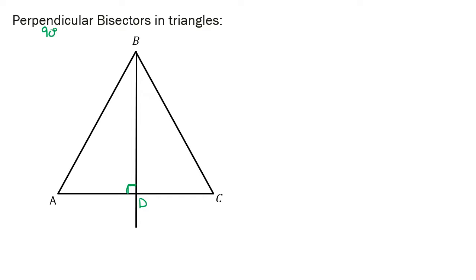So that means the segment AD is going to be congruent to the segment CD. And since it's a perpendicular bisector, and the length of BD is congruent to itself, it has actually made two congruent triangles.